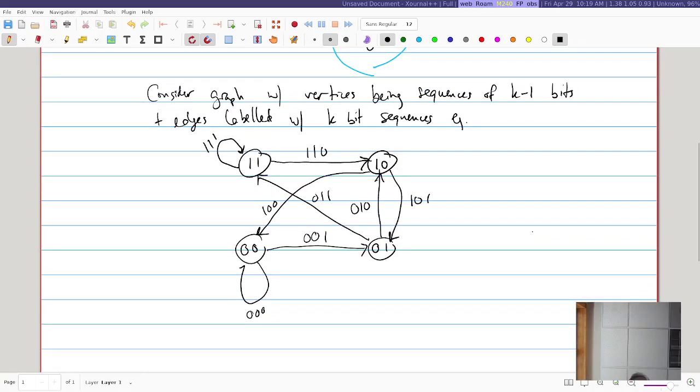I don't know, is there an Eulerian circuit or path in this graph? What do you all think? I feel like there's going to be a problem where we're not going to be able to run through the possibilities.